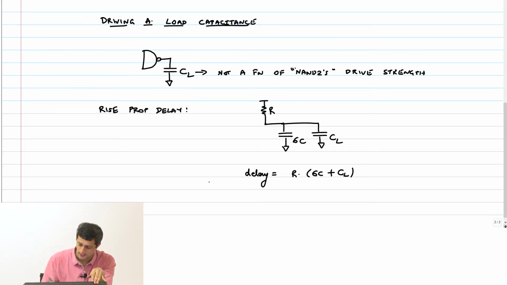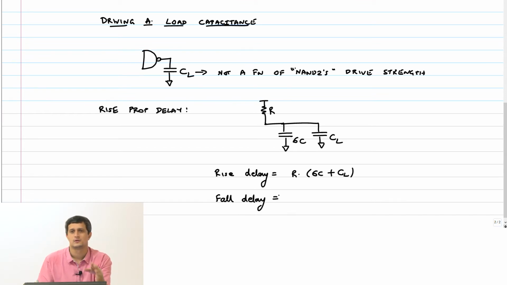Similarly, the fall delay, right? This is rise. Fall delay will be how much? It could be the same thing. It could be R into 6C plus CL, or it could be that other Elmore delay that you want to apply.